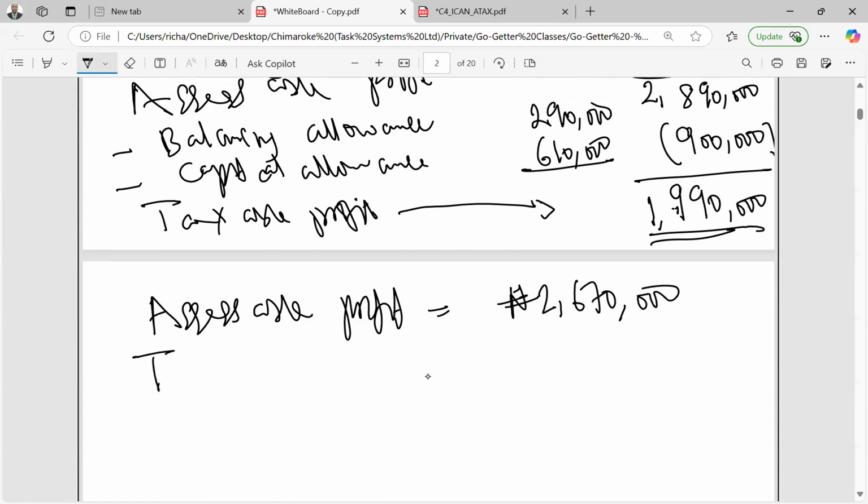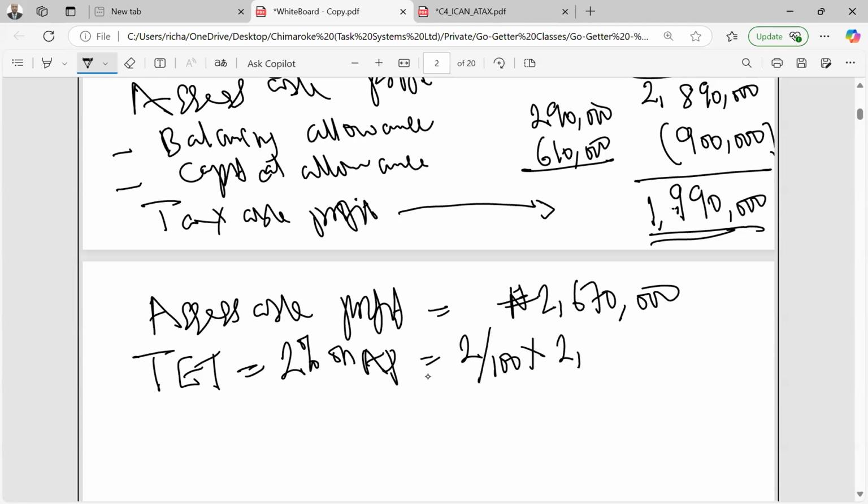Then our tertiary education tax, based on 2014 year of assessment, it was 2% on assessable profit based on that year of assessment. So it's going to be 2 over 100 multiplied by 2,670,000.